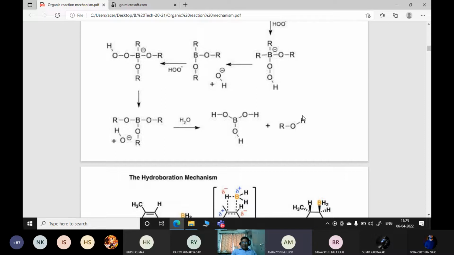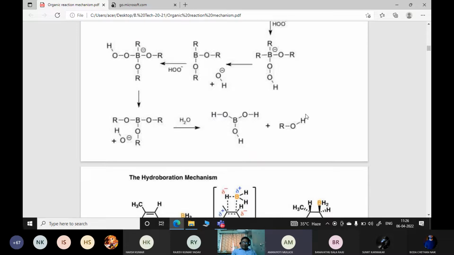R might be a primary, secondary or tertiary alcohol. If we can synthesize the alcohol, it can be oxidized to aldehyde, to ketone, as well as acid, ester, and many other compounds. So from this compound, we can synthesize different compounds.